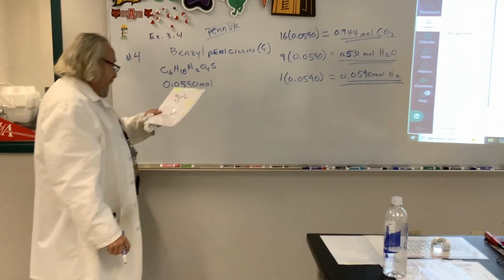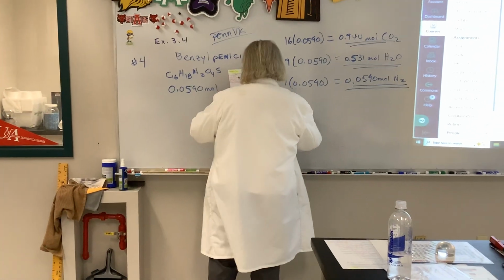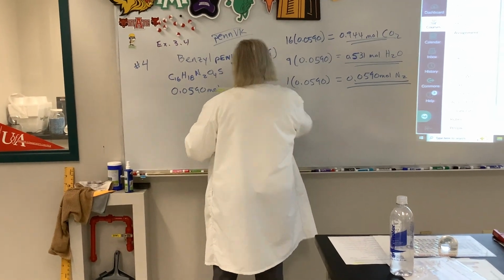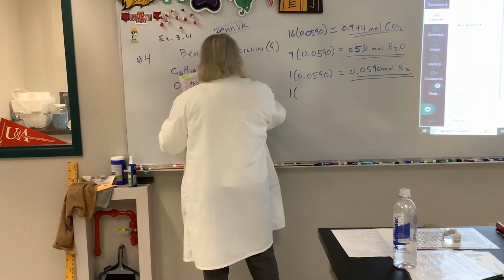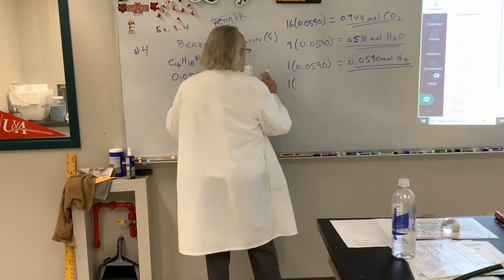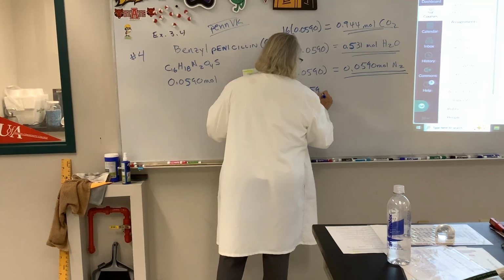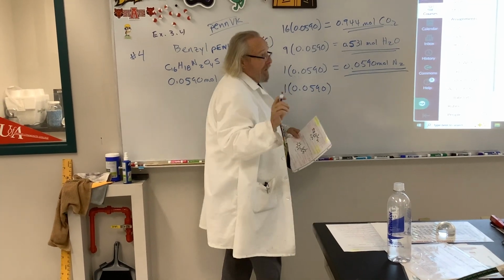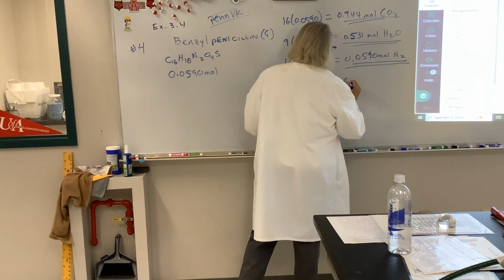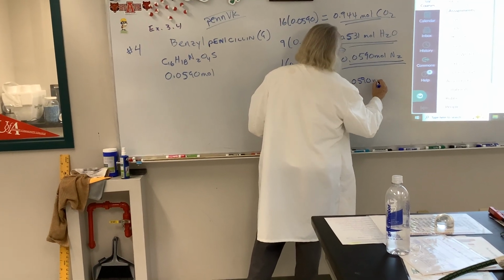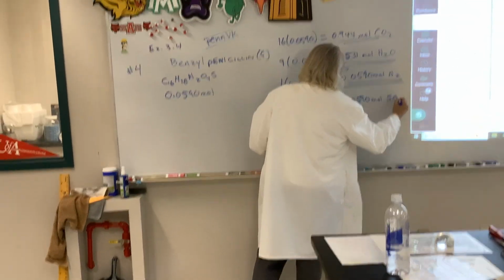And finally, the sulfur, to make SO2, sulfur dioxide, you produce one of those too. So it's the same numerical value, 0.0590 mole of sulfur dioxide produced.